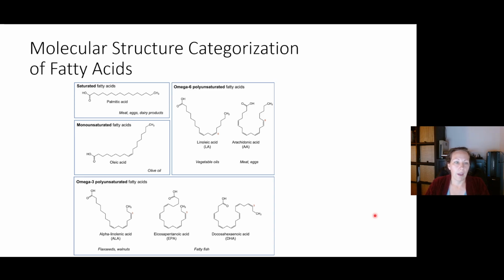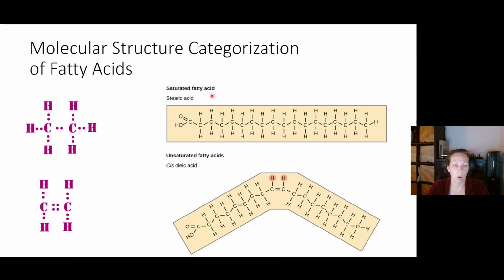Now we can also have more than one double bond. Any fatty acid that has more than one double bond is called polyunsaturated. Okay, so examples here. Palmitic acid has 16 carbons and it is saturated. These here are just another way to draw what is here.